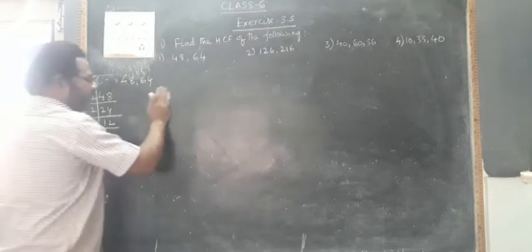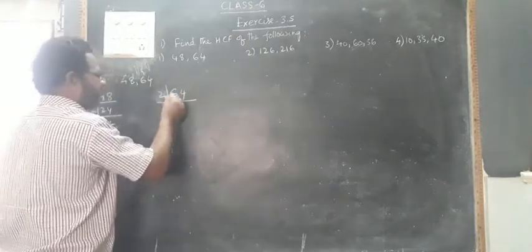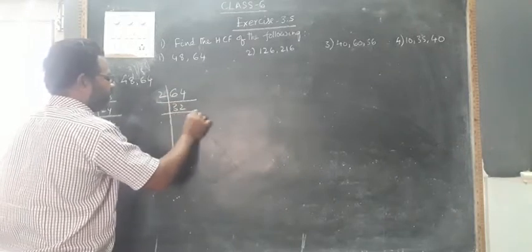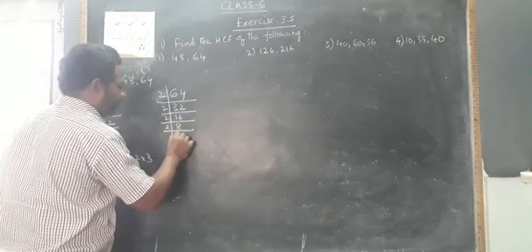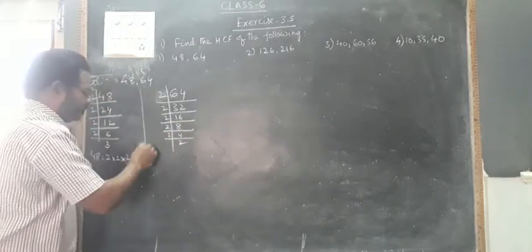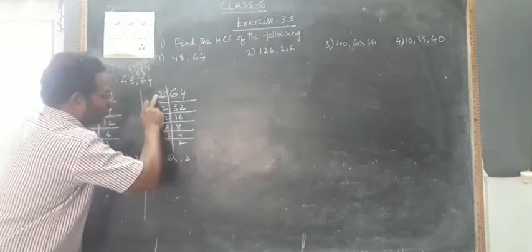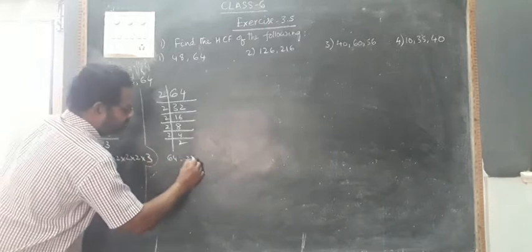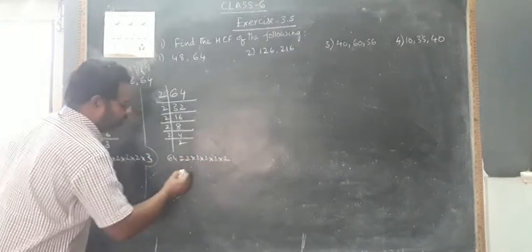Okay. Now coming to 64. For 64, again 2 table, 2 32, 2 16, 2 8, 2 4, 2 2. That means 64 is equal to 2 into 2 into 2 into 2 into 2 into 2, that is 1, 2, 3, 4, 5, 6 twos. Okay.